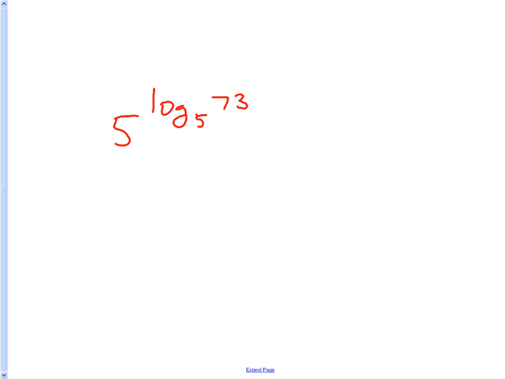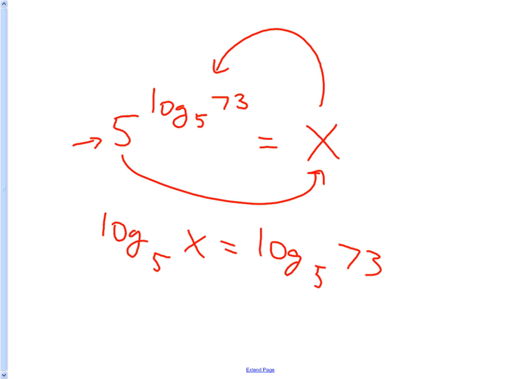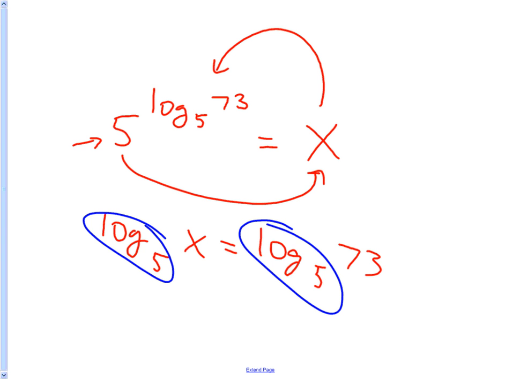And again, if you want to prove it to yourself, say it equals x, and then set it up and say log base, there's the base, 5 of, go over there, x is equal to, go up in there, log base 5 of 73, and then look at this. Log 5, log 5. X has to be 73. See? So you can do it the reason it out way, or you can do it the property way.